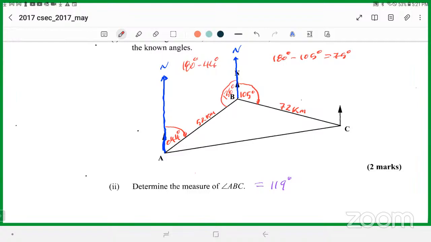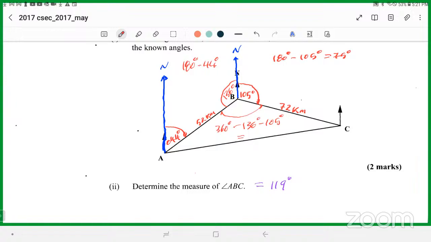And then now to find this angle, we would say total angles around this point B is 360. And so the angle right here would now be 360 degrees minus these two, minus the 136 and also minus the 105 degrees.